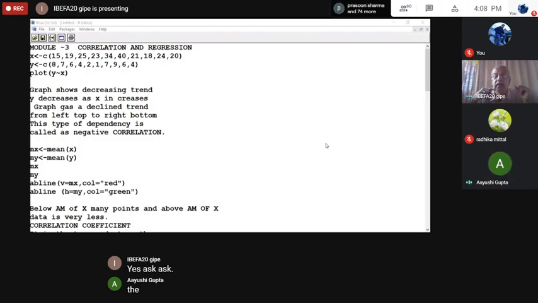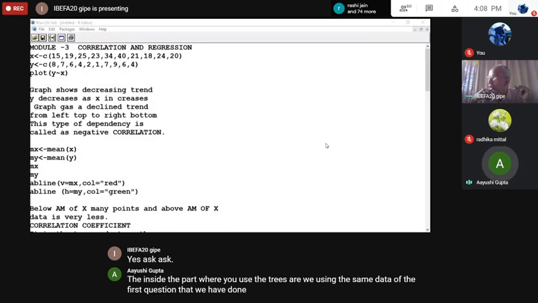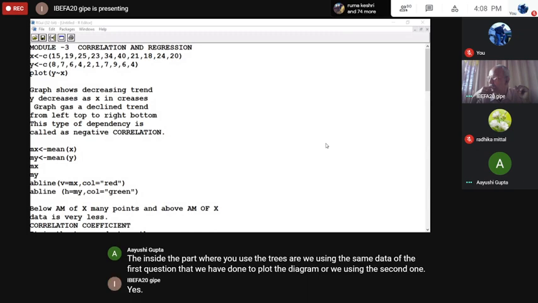Sir, the part where we use the trees, are we using the same data of the first question that we have done to plot the diagram, or are we using the second one? So you are using the same data x and y in the first question, correct? Yes, sir.